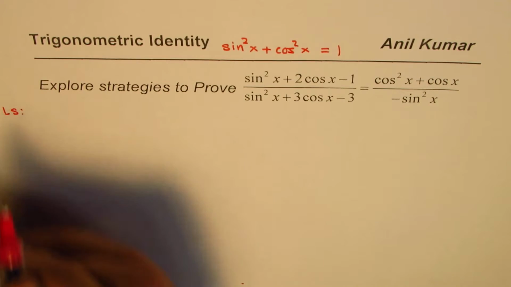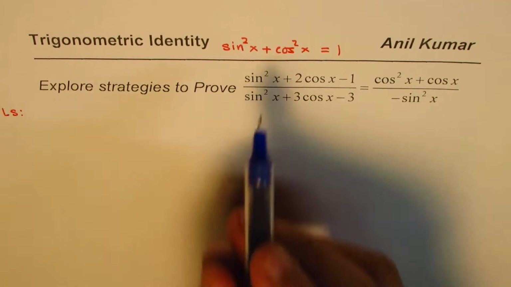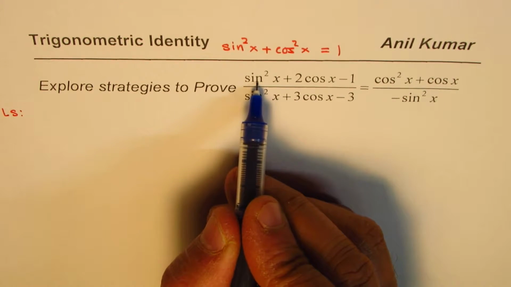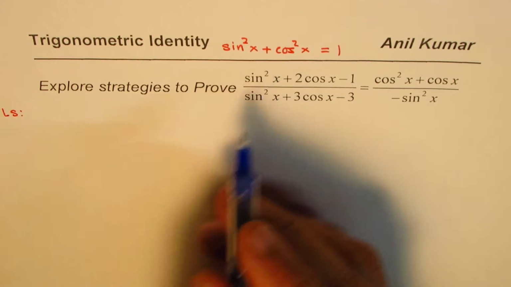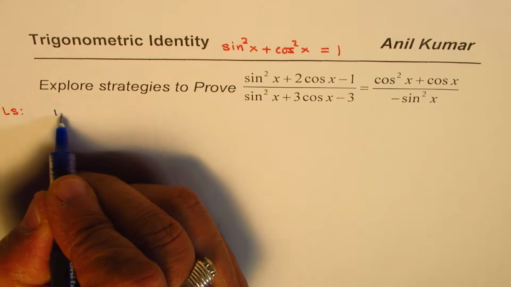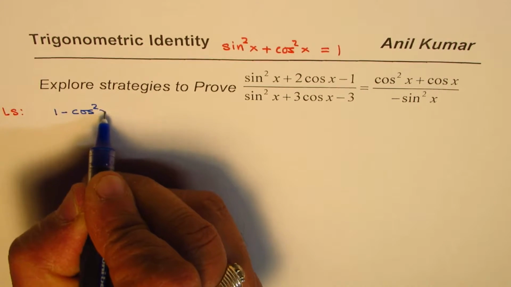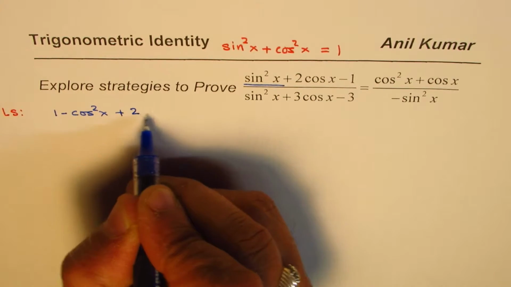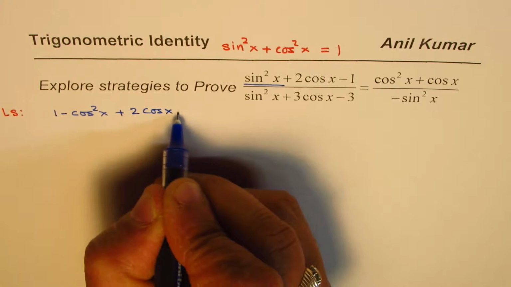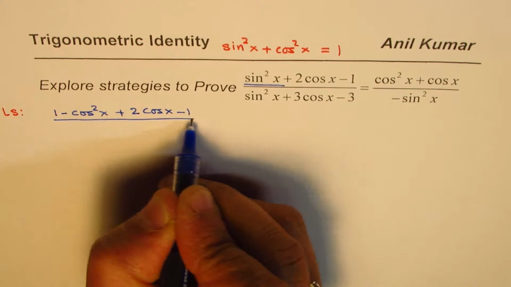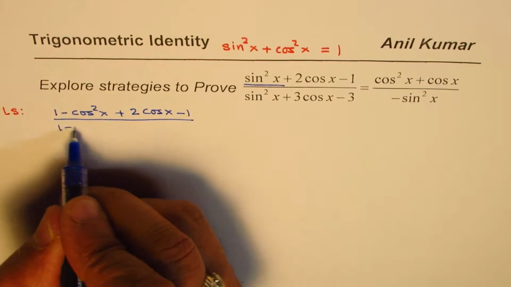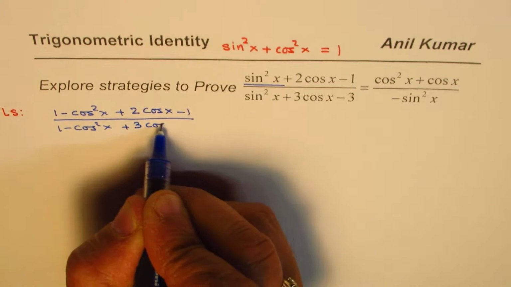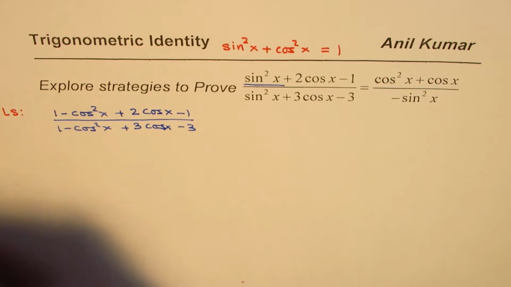Sin²x will be written as 1 minus cos²x. So the left hand side could be written as 1 minus cos²x, that is for sin²x, plus the rest of the terms I'll copy as such. I'll try to do one thing at a time so that the steps are very clear. So 1 minus cos²x plus 3 cos x minus 3, right?